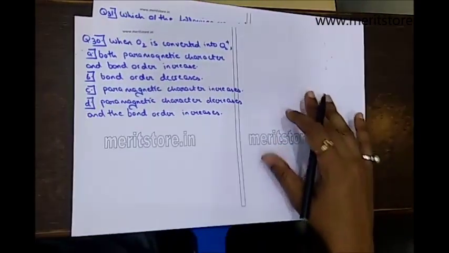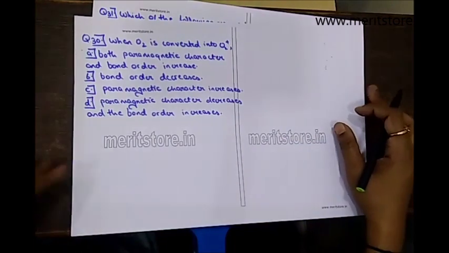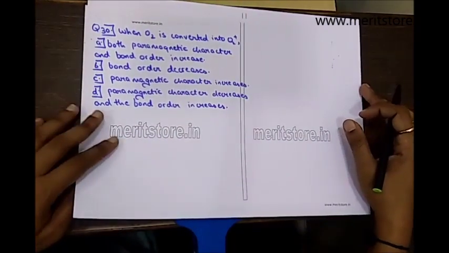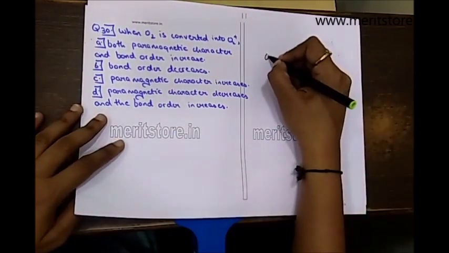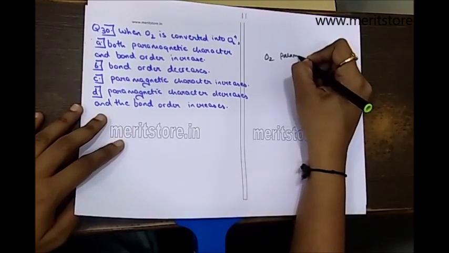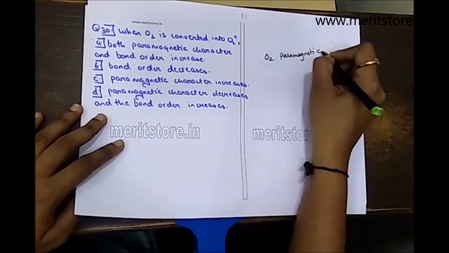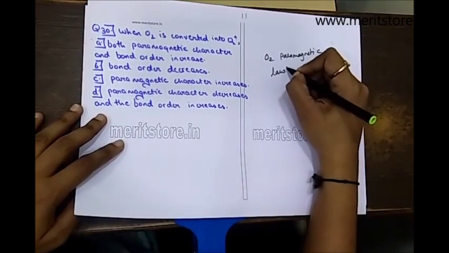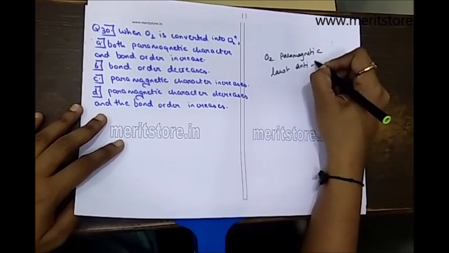Question number 30 is, when O2 is converted to O2 plus, what will happen? O2 is a paramagnetic molecule having its last electrons in the antibonding orbitals.